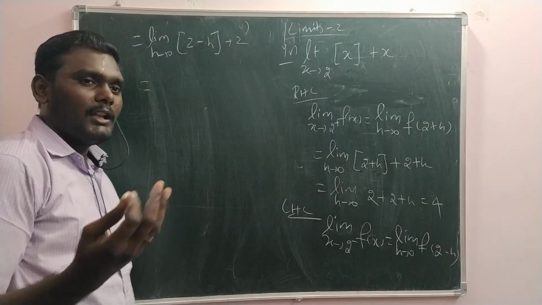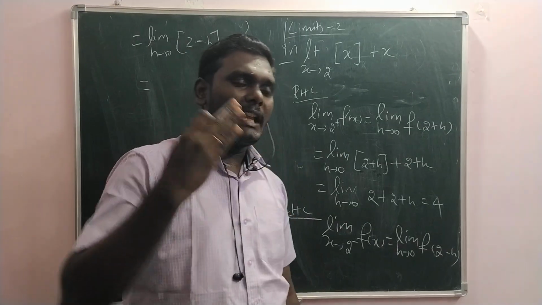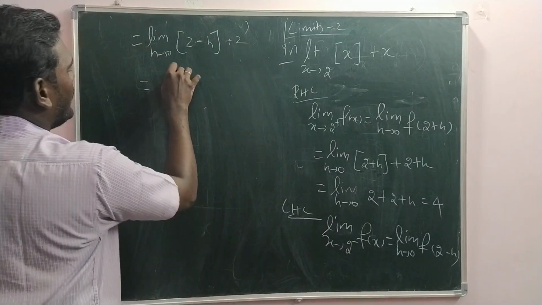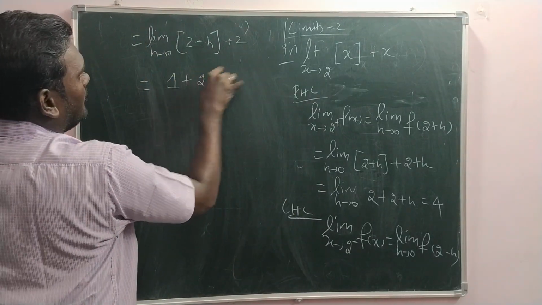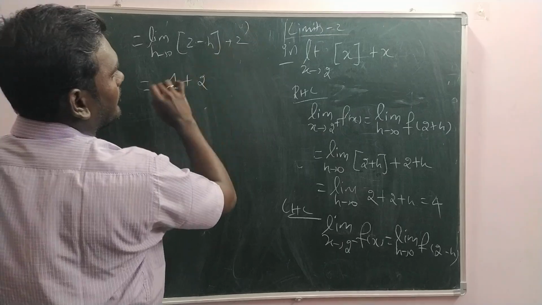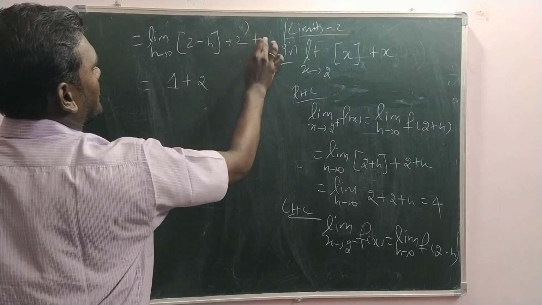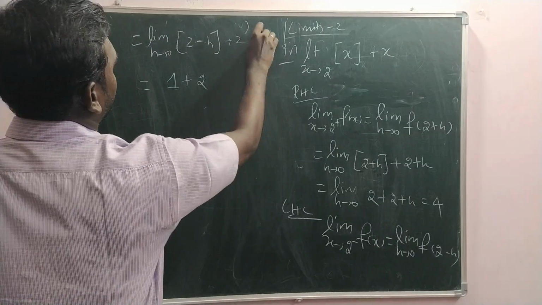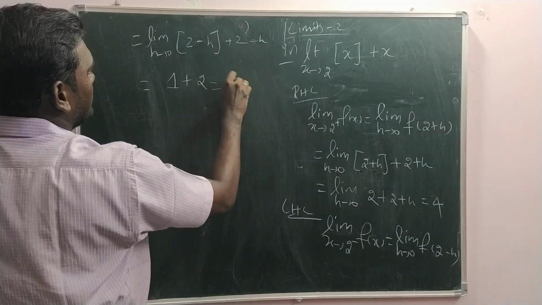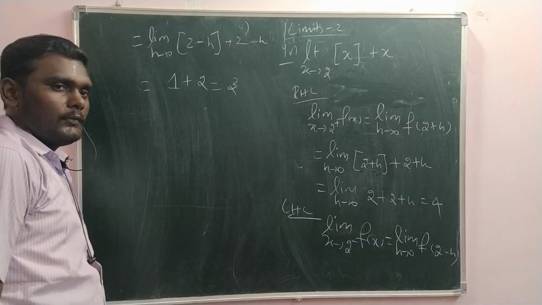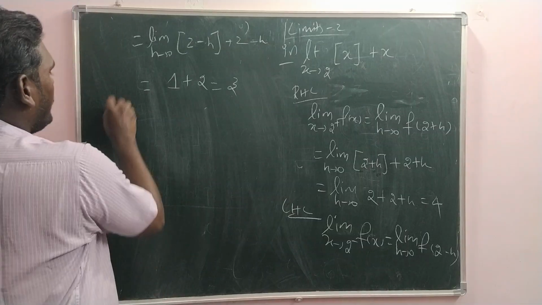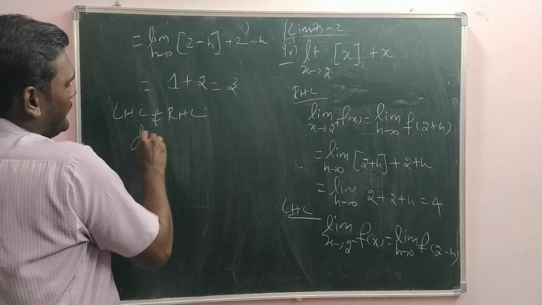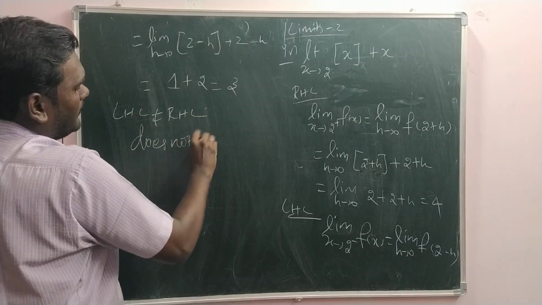Then we are substituting a value which is less than 2, like 1.99999 will come, very close to 2. So here what answer will come? 1 plus 2, here also plus h, sorry 2 minus h. Then 3 is the answer. So as left hand limit is not equal to right hand limit, the limit does not exist.